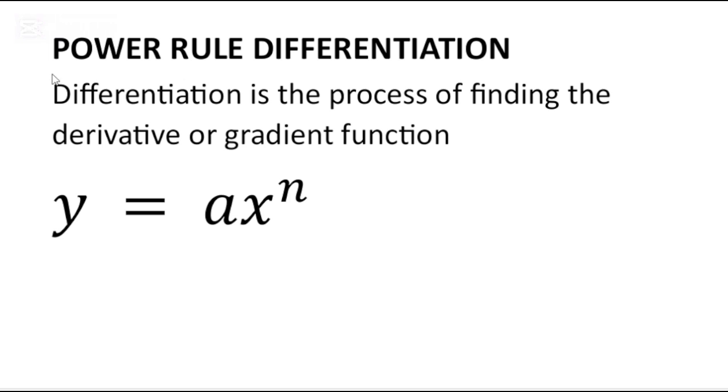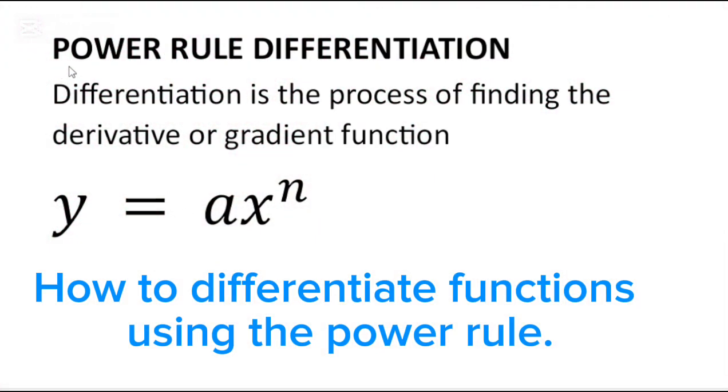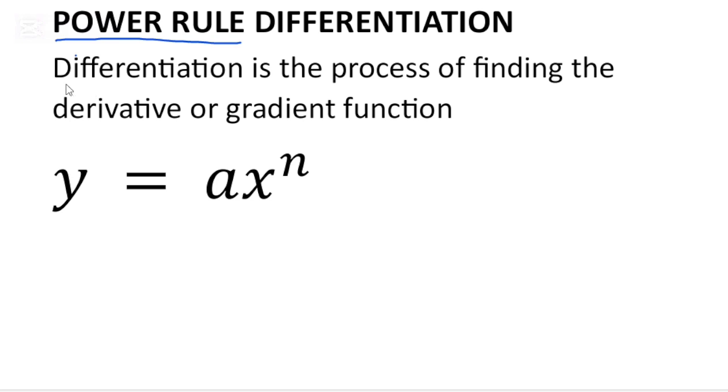In this video, we are going to look at how to differentiate functions using the power rule. First of all, we need to understand what differentiation is. Differentiation is the process of finding the derivative or the gradient function.